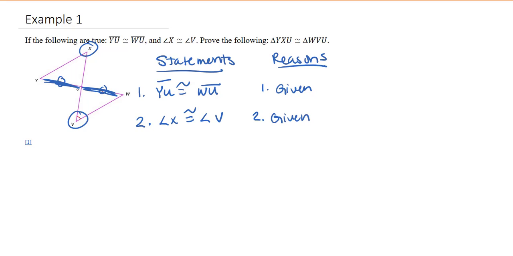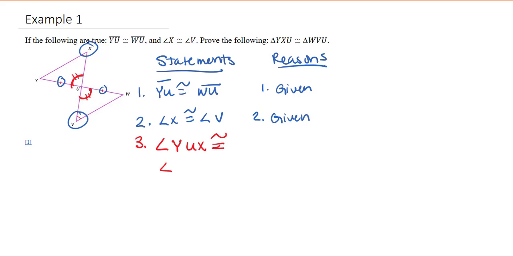Well, if we remember back in an earlier video, vertical angles are congruent. So this angle here and this angle here would be congruent to each other. So let's go ahead and write that out. So we have the angle YUX is congruent to the angle.